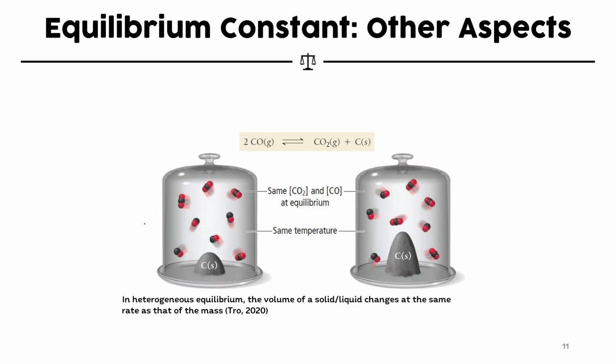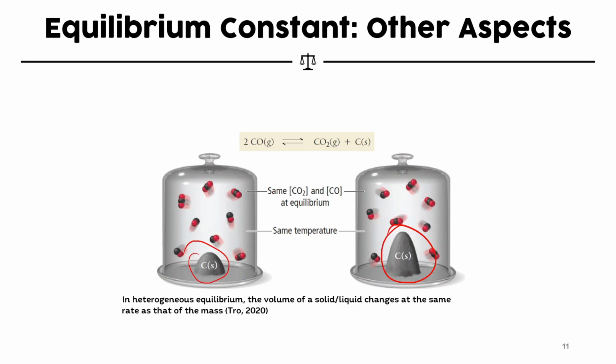Let's say this vessel here has less solid carbon in comparison to this vessel on the right. So what happened here? Ideally, there should be a difference in the equilibrium concentrations of both carbon dioxide and carbon monoxide, since the vessel on the right has more solid carbon.